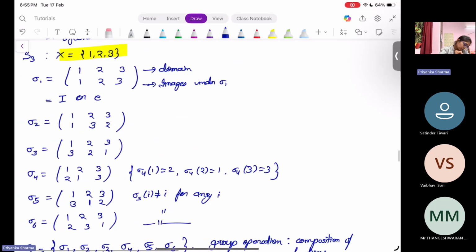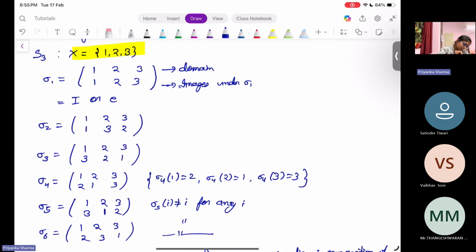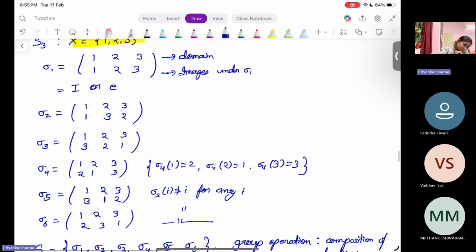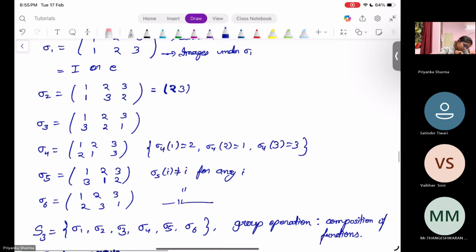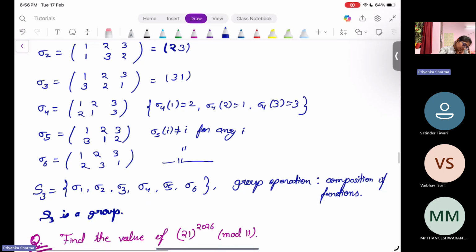Now, in general, sigma 1 is denoted by I. This can be written as 2, 3 also. This can be written as 3, 1, which means we fix 2, but the image of 3 is 1 and the image of 1 is 3. This is the same as 1, 2 or 2, 1.